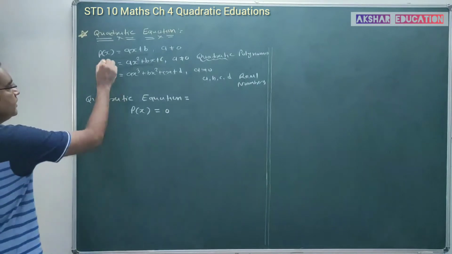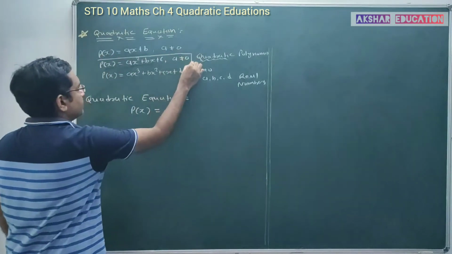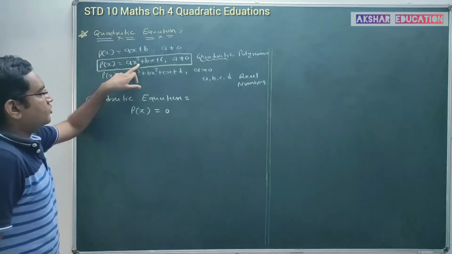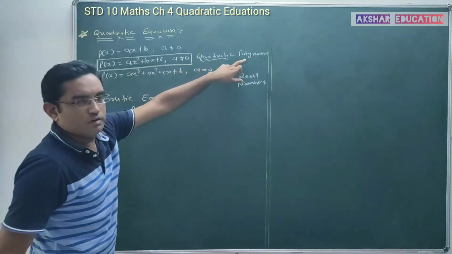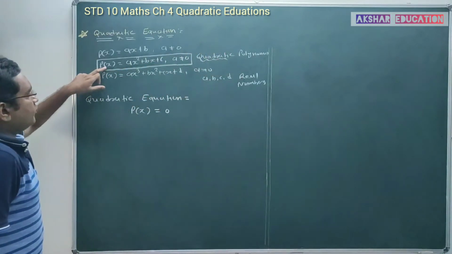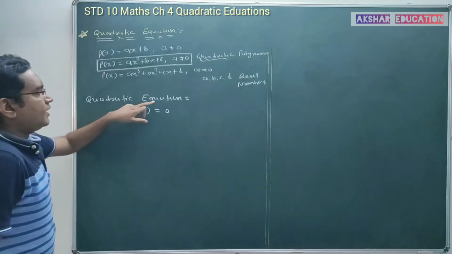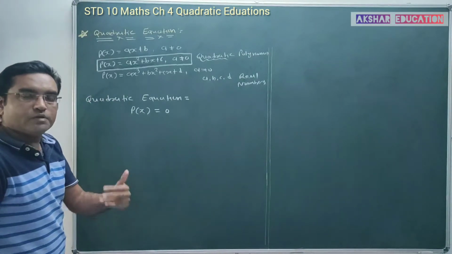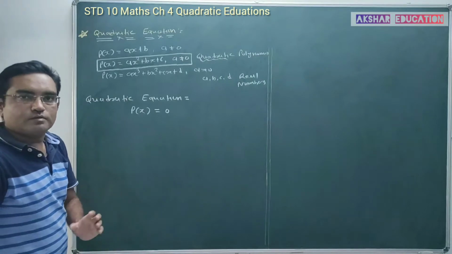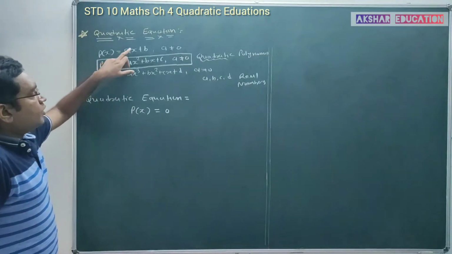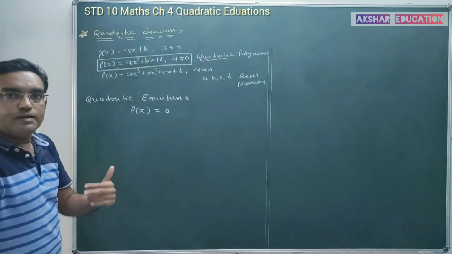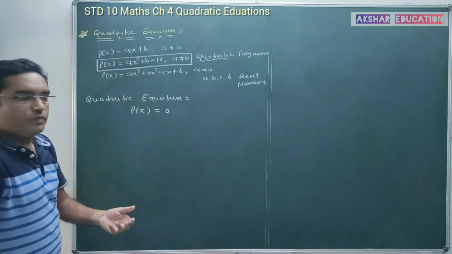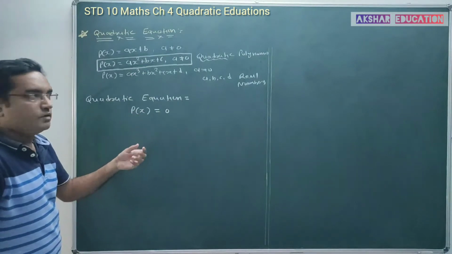So this is a given polynomial p of x of variable x, whose maximum power of variable x is 2. So this is one quadratic polynomial. If we compare this quadratic polynomial p of x with 0, we get one quadratic equation. Clear friends? Comparing any polynomial with 0, we get an equation. If we compare linear polynomial with 0, we get linear equation. If we compare quadratic polynomial with 0, we get quadratic equation.